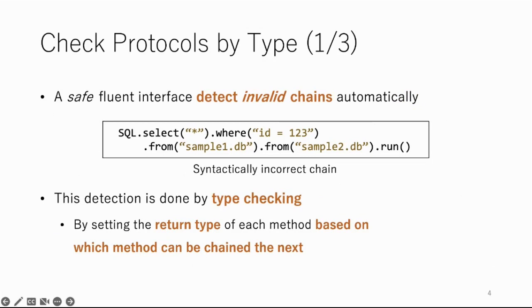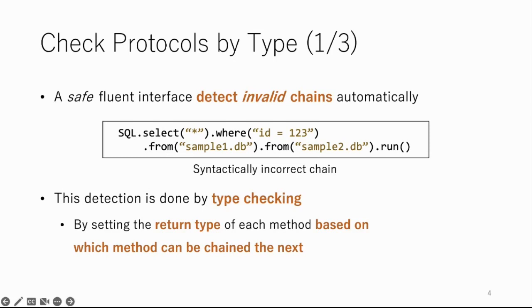So a safe Fluent interface detects syntactically incorrect method chaining by type checking. This figure shows an example of an invalid method chain. The where method cannot chain just next to the select method, and there must be from between them.